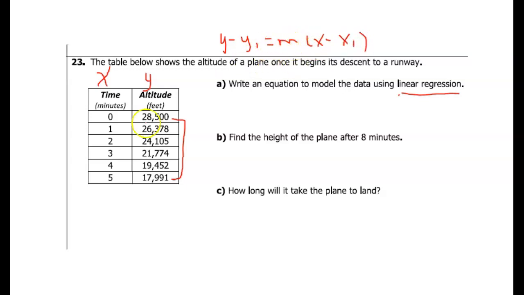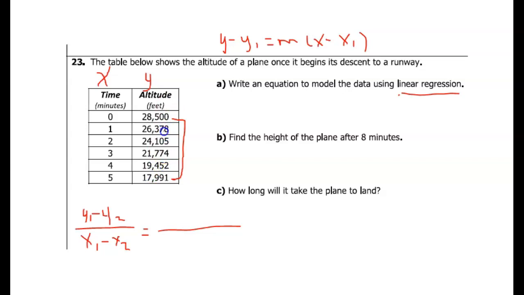Now, we don't have a slope because this is a table, so I use the points to create slope. The slope of a line is y1 minus y2 over x1 minus x2. So I need to plug in 2 points that I've picked from the table, the top one and the bottom one, to include the descent as best as possible.